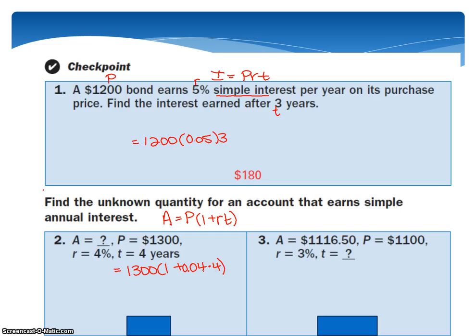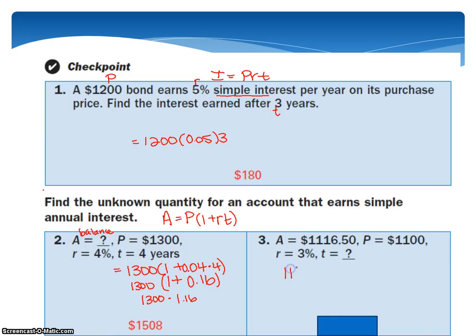Remember, you are multiplying first before you add. So this is going to be 1 plus 0.16. Now, you can just do the order of operations. Add 1 to that, which is 1.16, multiplied by 1,300. You end up with 1,508. So that's the balance.